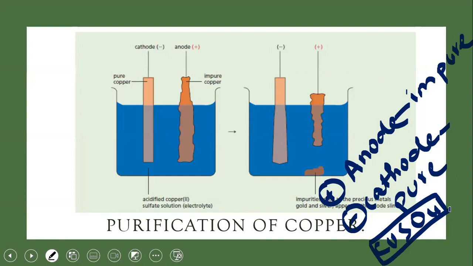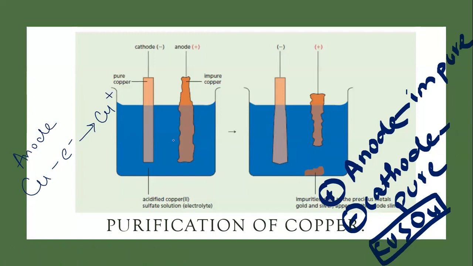Now, what is going to happen in the process over here? We have impure copper. Inside the impure copper, the copper metal is going to lose electrons and turn into a copper ion.